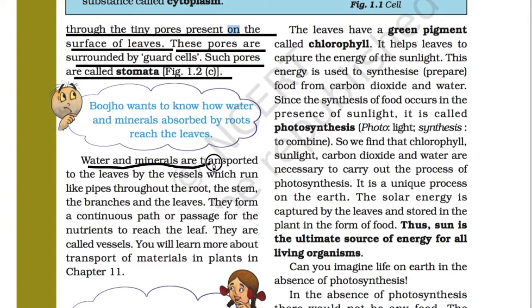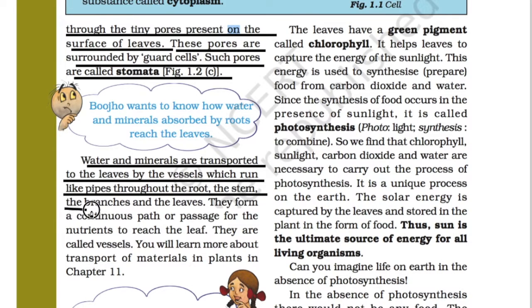Water and minerals are transported to the leaves by the vessels which run like pipes throughout the root, the stem, the branches and the leaves. Very important.